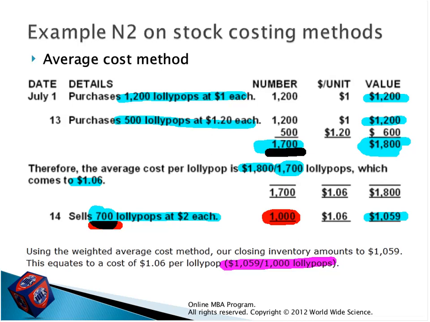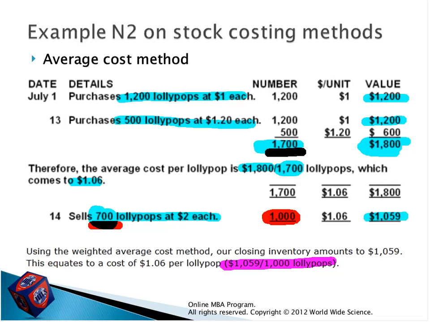Some of you asked me where the 1,059 comes from. This is the calculation: the 1,000 lollipops left in inventory, you multiply by $1.06, and you get 1,060. It's just rounded.